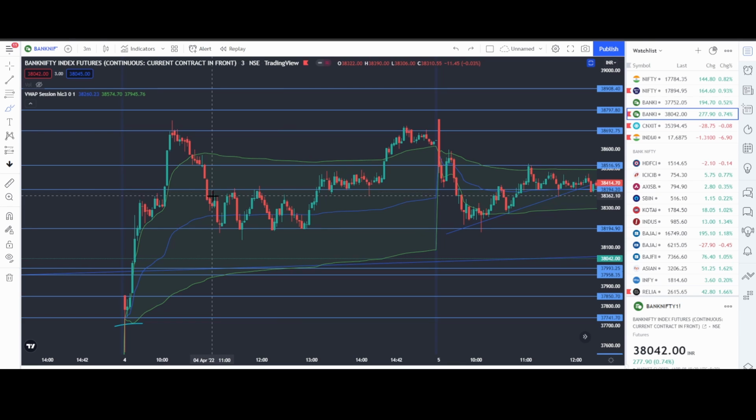So the chart pattern over here: the starting candle and the second candle, both are 3-minute candles. The first candle was formed above yesterday's close; even though it was red, it opened above yesterday's close. The second candle of the day didn't breach 50% of the first candle and it started going up.